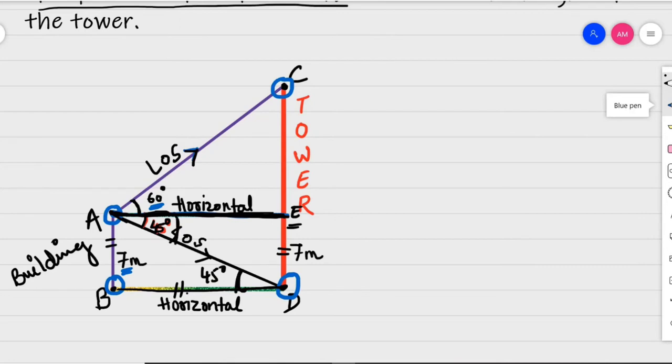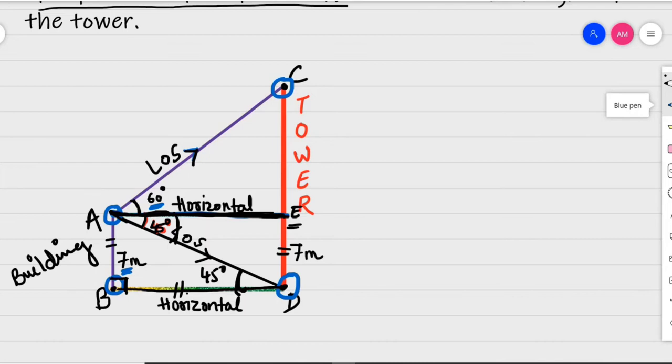From here, if you take triangle ABD, angle B is 90 degree. Now if you take tan 45, you will be able to find the value of BD. Once you find the value of BD, it will be equal to AE, and this will help you find the height of the tower. So come on, let us start.